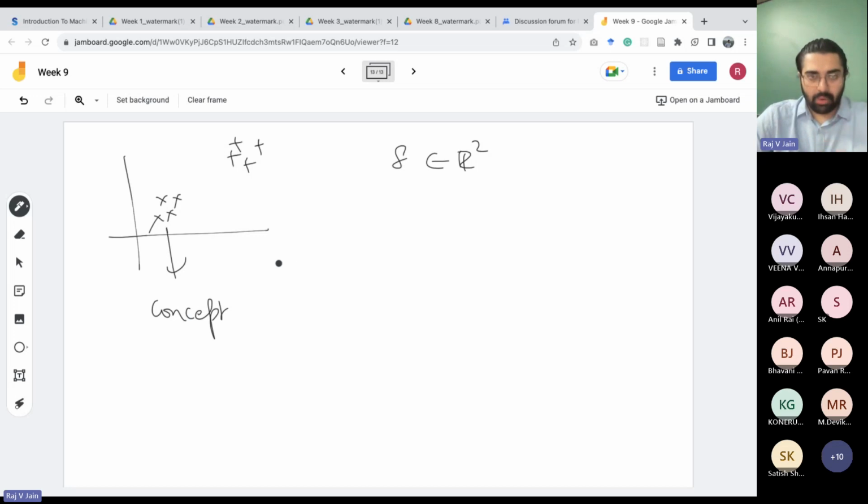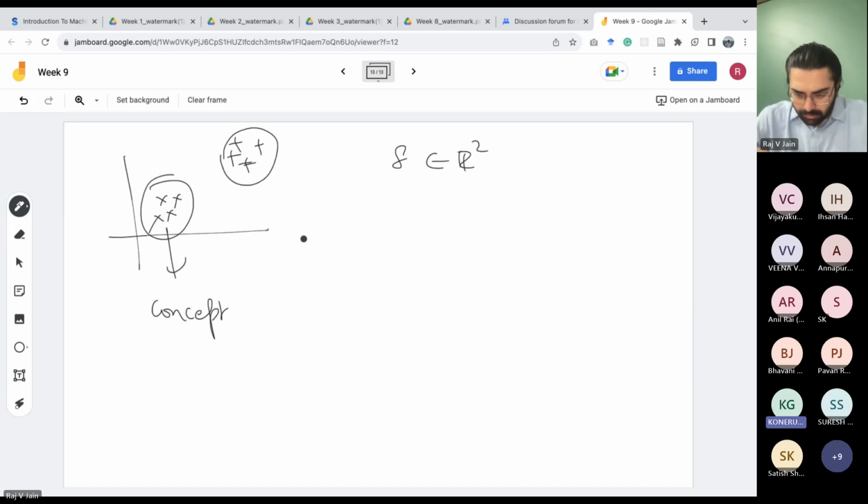Any subset you take. The point is that a concept is a bit more important, because we're saying all of these belong to one type of points. So that becomes a concept, and this is another concept. It is a subset of the data set, but only the feature space.